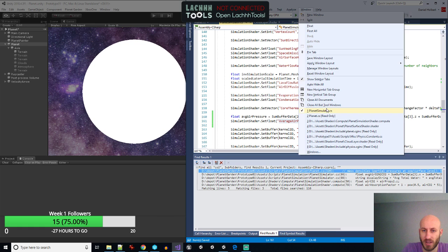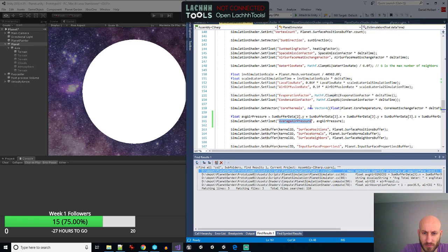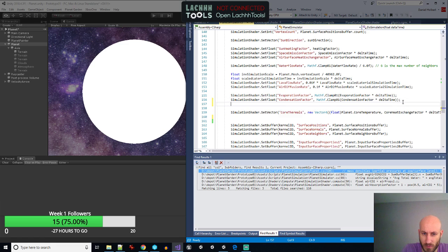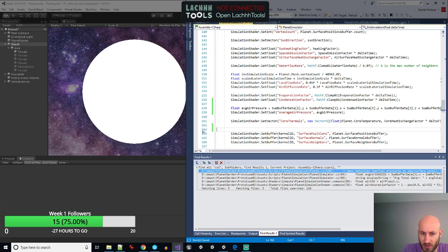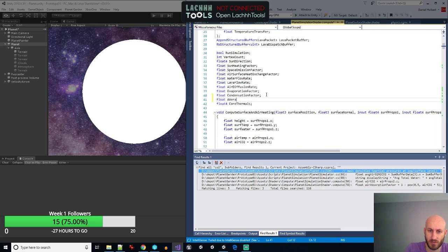I have to actually make that value in the shader itself. I just like to organize this a little differently.